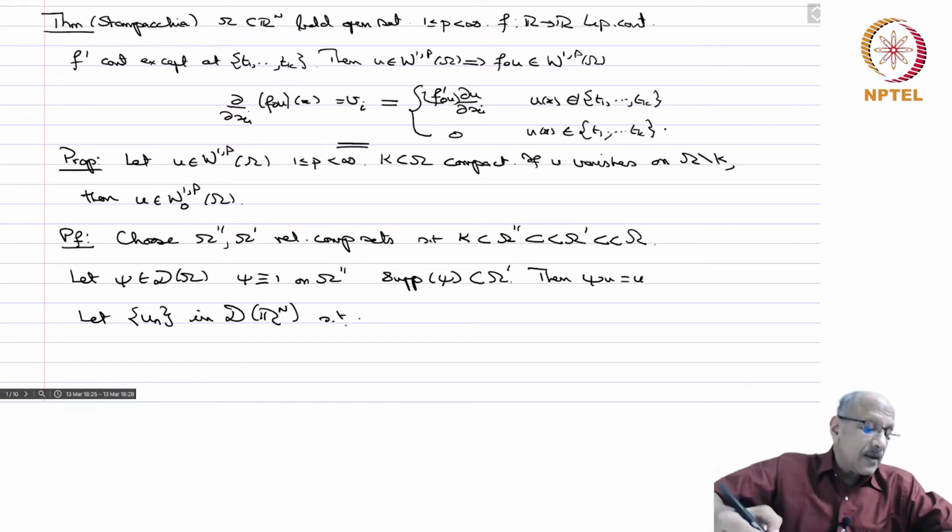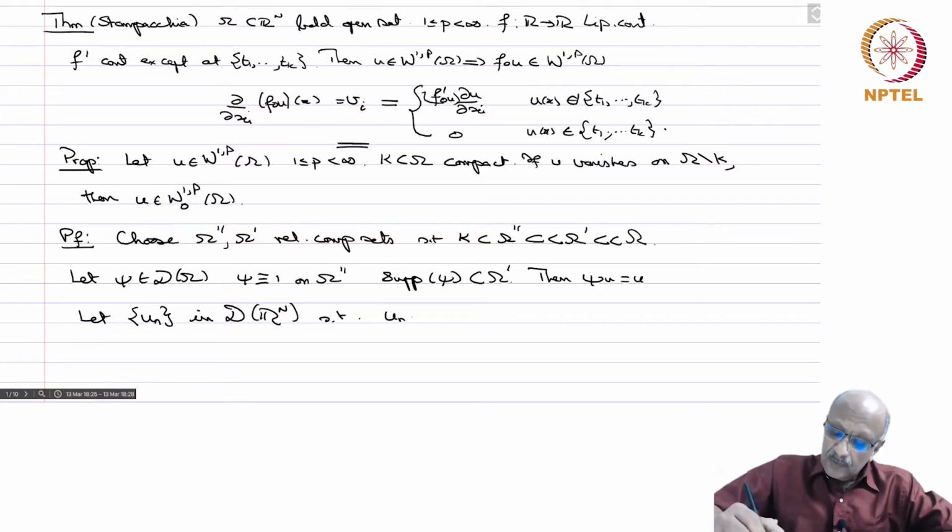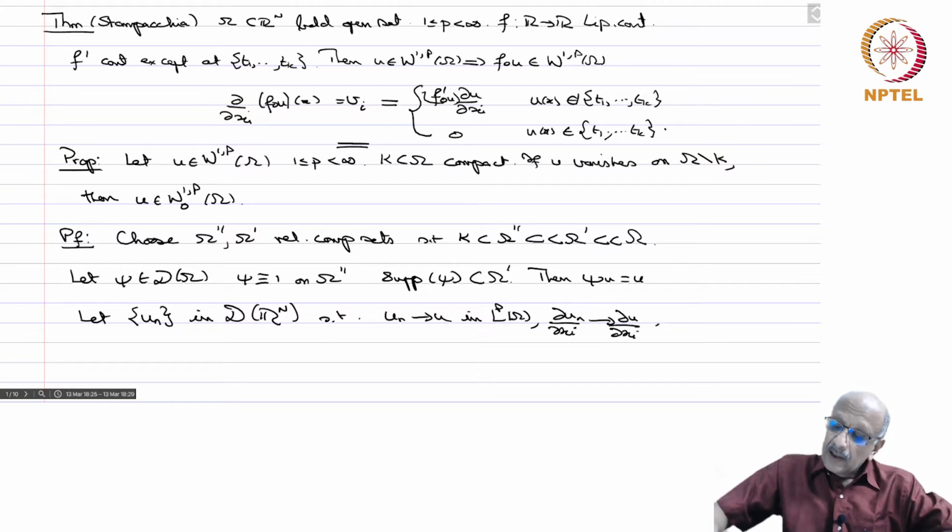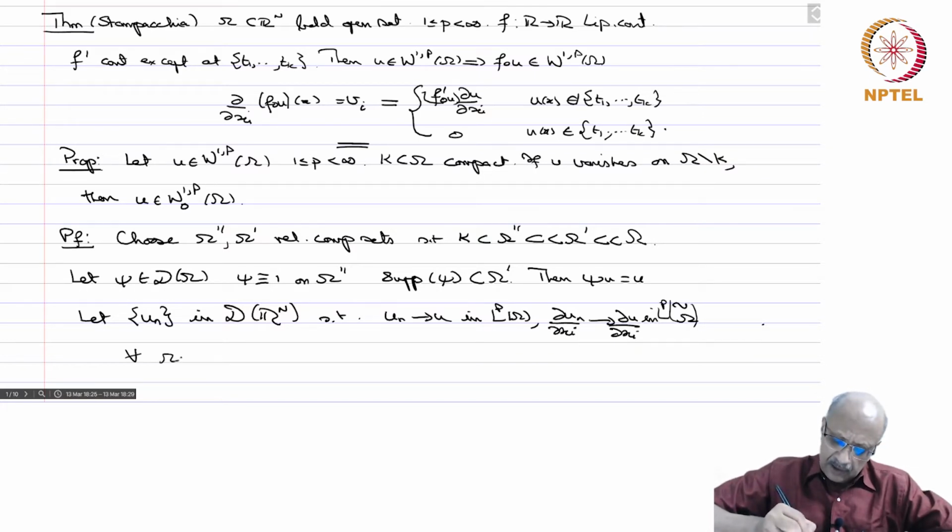such that u_n goes to u in L^p(Omega), and du_n/dx_i goes to du/dx_i in L^p(Omega tilde) for every Omega tilde relatively compact in Omega.